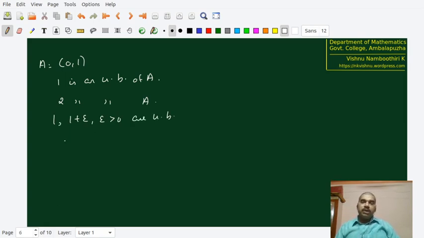So if you take something below 1, for example, suppose that 1 minus epsilon, where epsilon is greater than 0, we'll just draw this line.